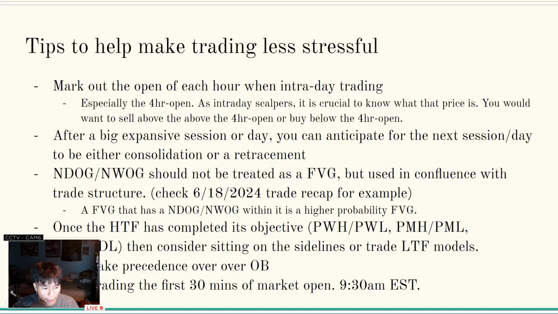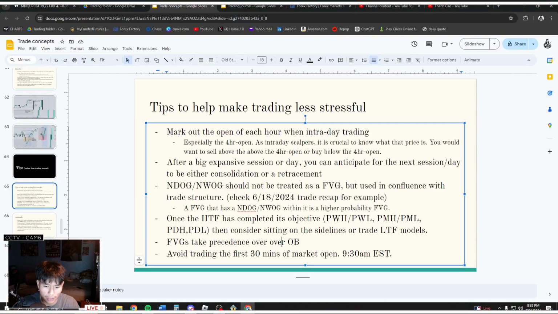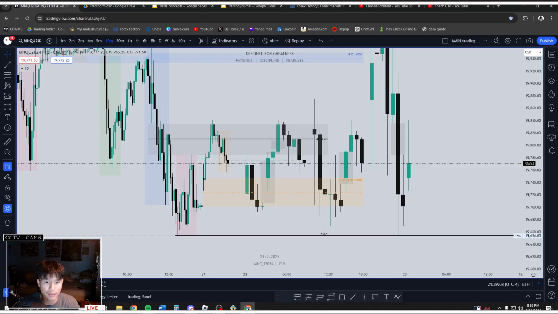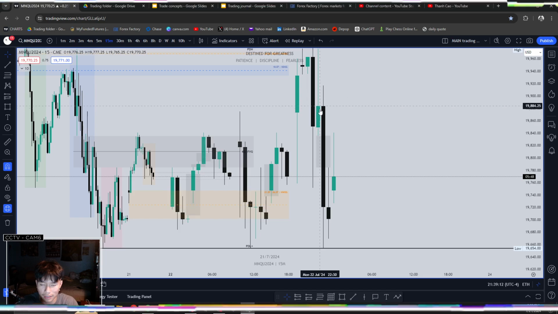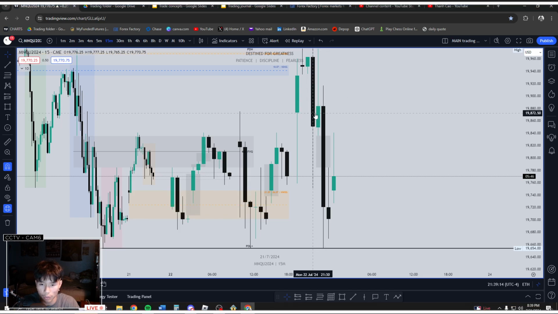And yeah, the fifth tip I have for you guys is, fair value gaps will take precedence over an order block. So let's say there's this order block here, right? Let's say this up close candle is an order block.